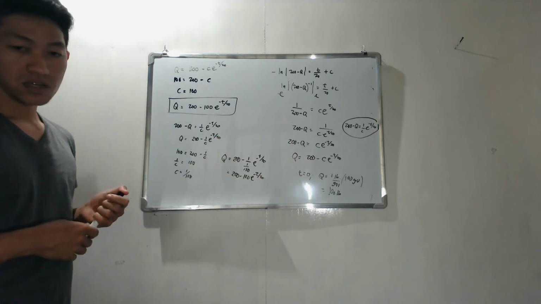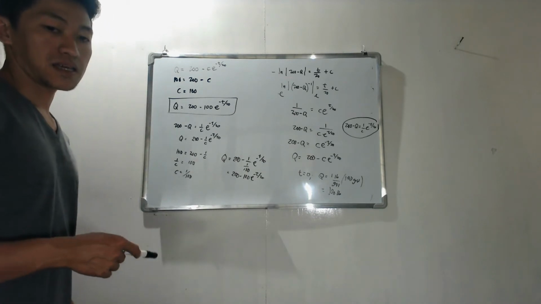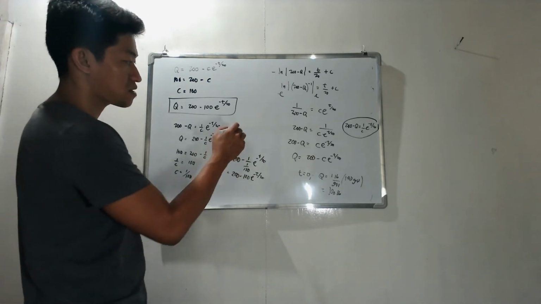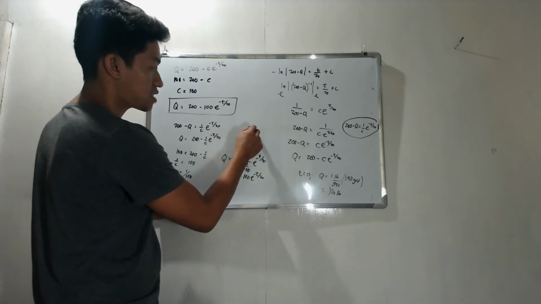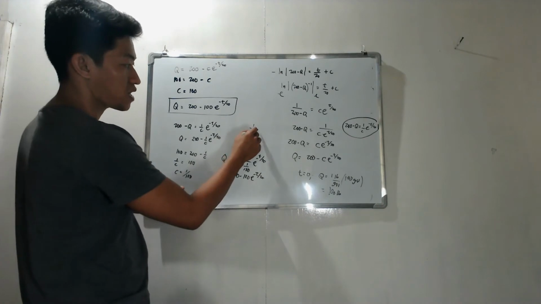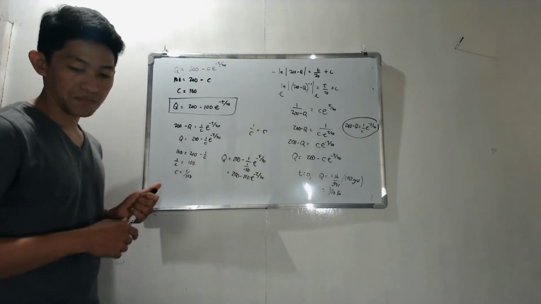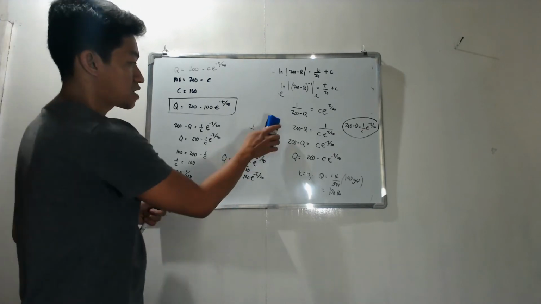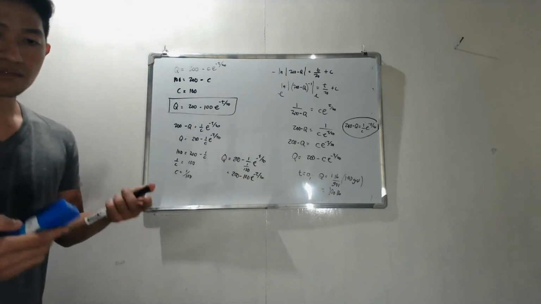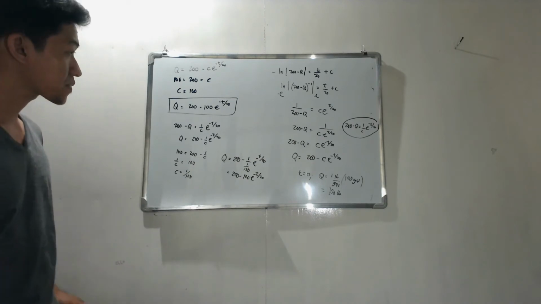So that is the idea behind why sometimes we have this one but we equate it to C during our solution, because you will still arrive at the same equation.